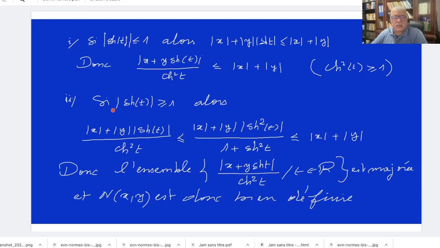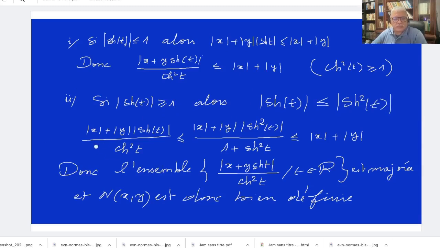Second case, if the absolute value of sh of t is greater than or equal to 1. In this case, we note that the absolute value of sh of t is less than or equal to the absolute value of sh2 of t, since sh2 of t is greater than a positive.